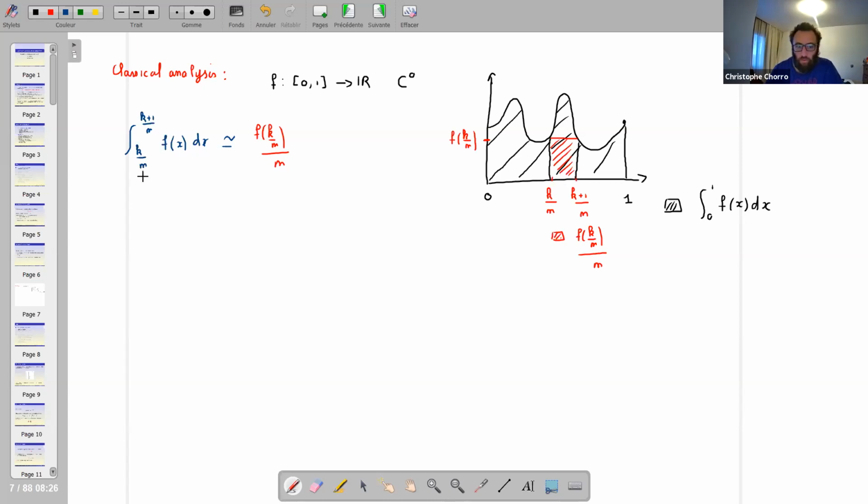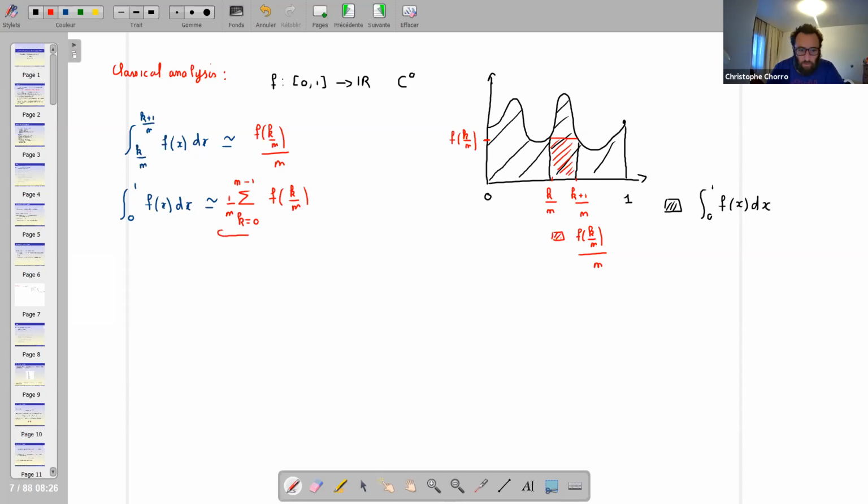And doing the sum from 0 to n minus 1 of these integrals, I will recover the integral to obtain an approximation for the integral between 0 and 1 of f of x dx. That is the sum from k equal to 0 to n minus 1 of f of k over n, divided by n, that I can remove from the sum.